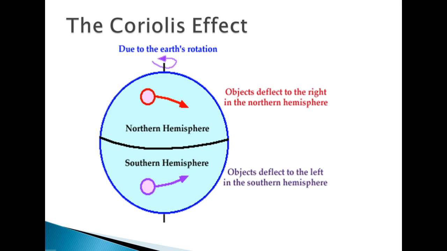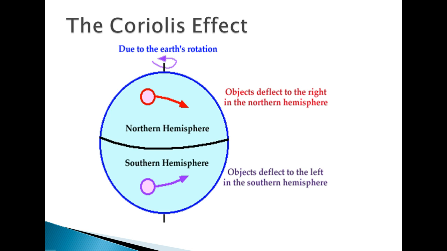Now, get in your notes that the Earth's rotation causes anything that moves long distances, such as prevailing winds, to appear to change direction, and that the apparent change in direction of a moving object in a rotating system is called the Coriolis Effect. So this is due to the Earth's rotation.